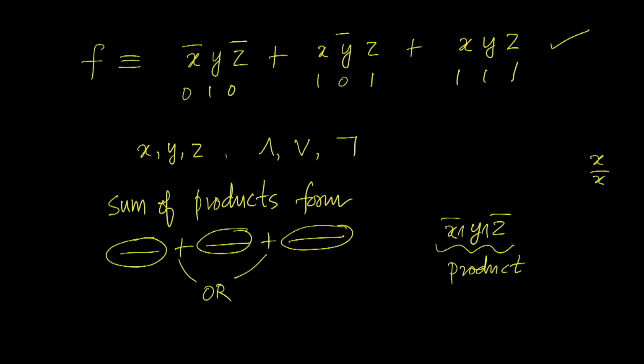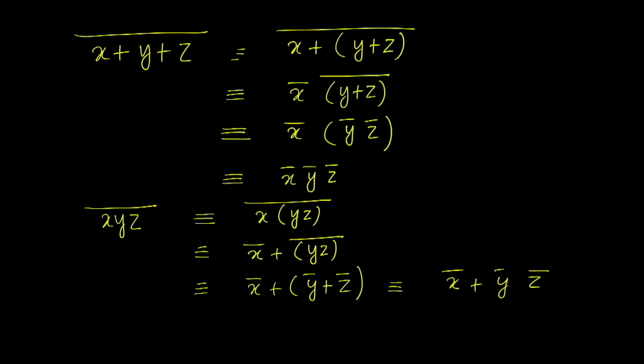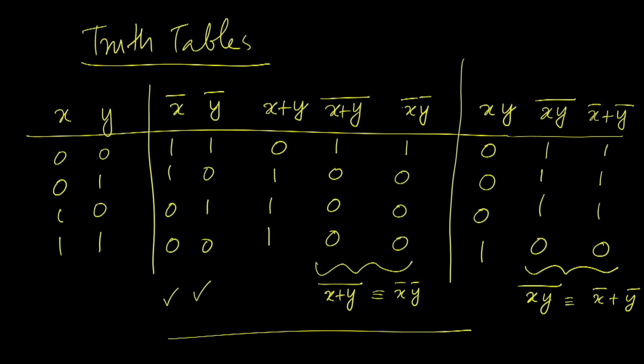So for any Boolean assignment, at most one of them will be true. So we want to say that f is true if and only if exactly one of them is true. That can be expressed using an OR of all these terms. That is why we call this a sum of products form. Therefore, given the truth table of a Boolean function, we can write the sum of products form of the function.